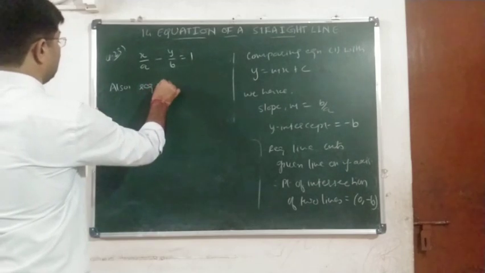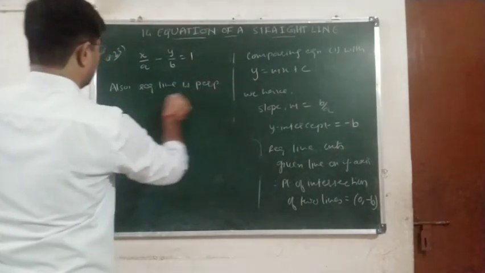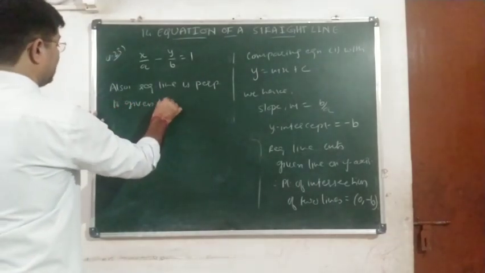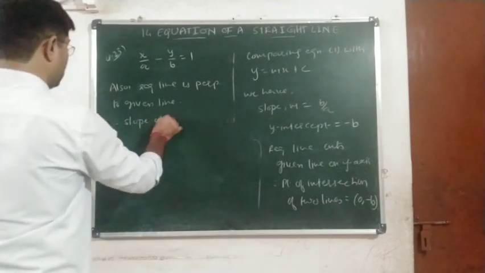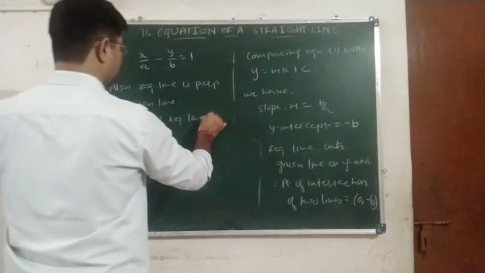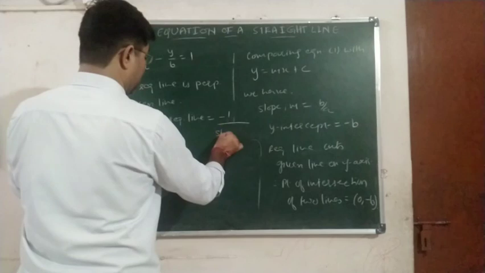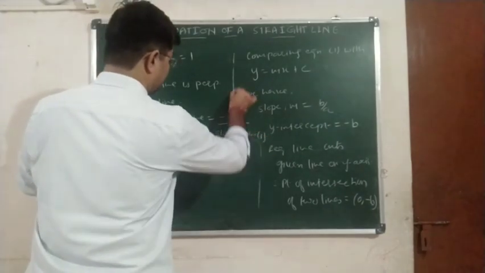Slope of the required line will be minus 1 upon slope of line 1.